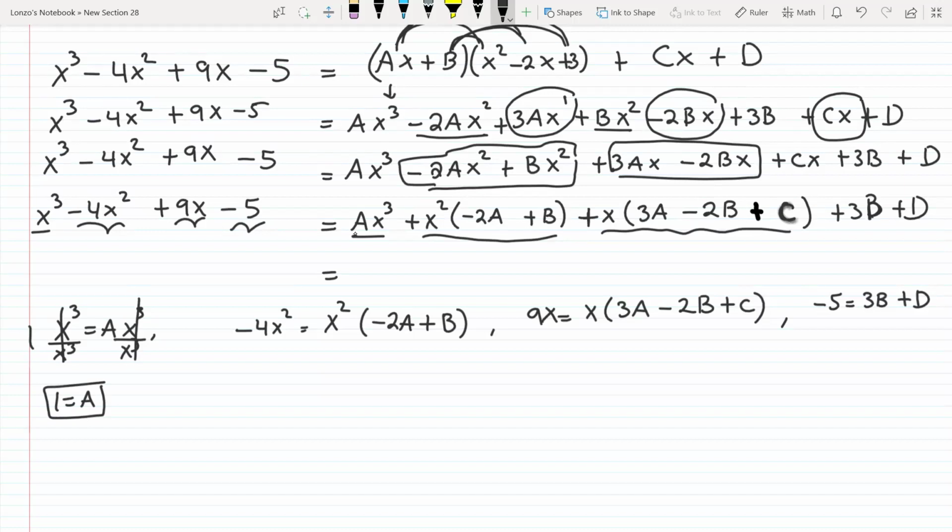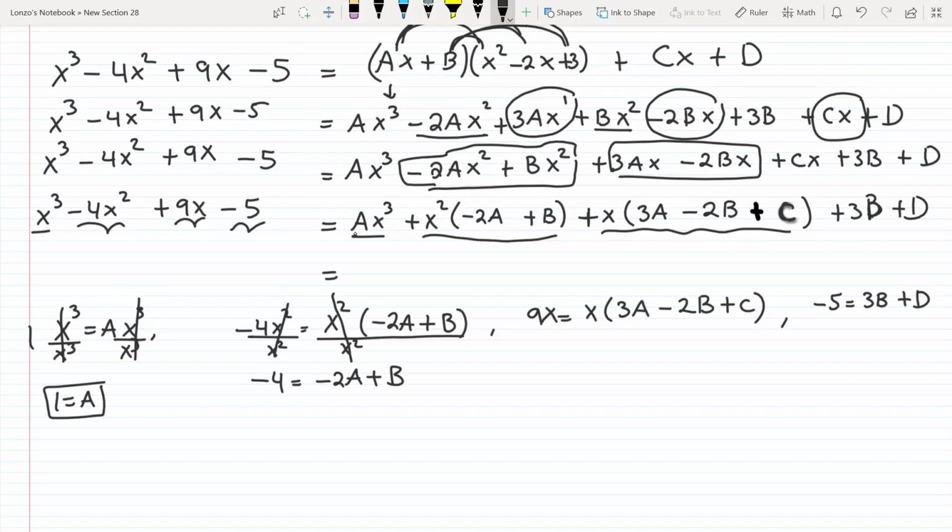What about here? What I'll do is get rid of the x squared by dividing both sides by x squared. So you're left with negative 4 equals negative 2a plus b. I'm going to just leave it like that for right now.